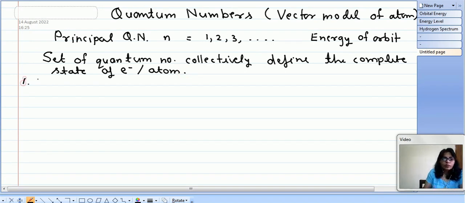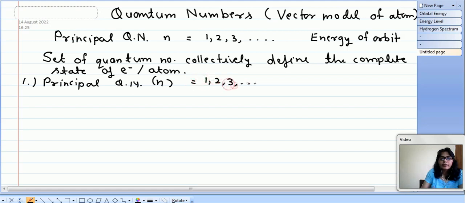Now what are the different quantum numbers? The first we have already discussed, that is the principal quantum number. Let us again list it. Principal quantum number is expressed as n, and it can take value 1, 2, 3 and so on.